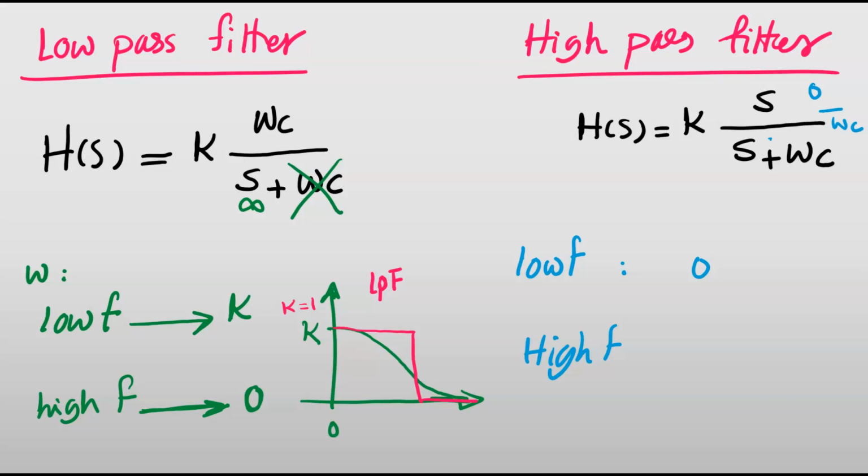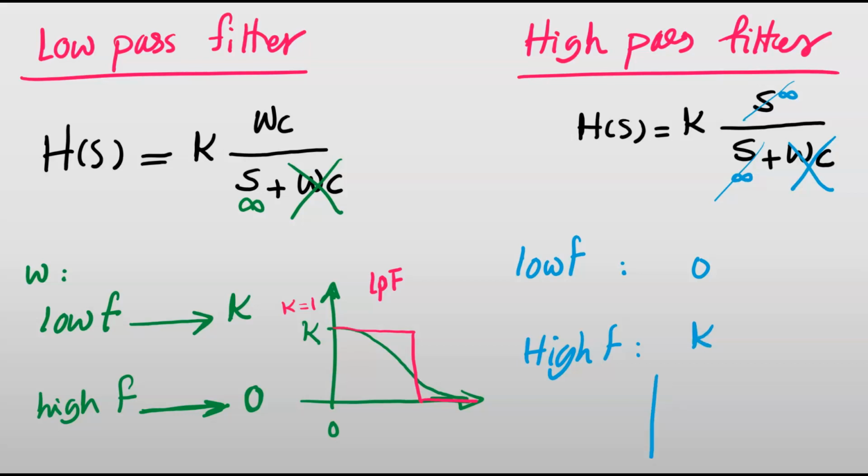And if I'm focusing on higher frequency, then this time, considering this one as infinity and this one as infinity, omega C can be neglected here. So I have K multiplied by infinity over infinity. These two cancel out each other, and what I'm going to have left is K.